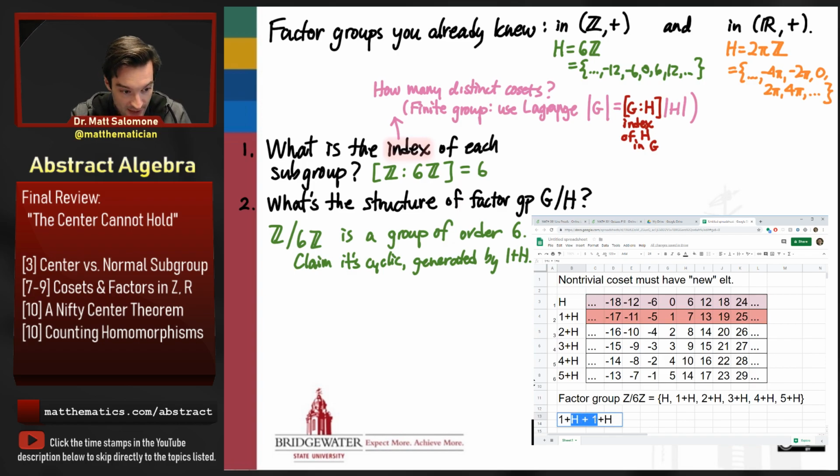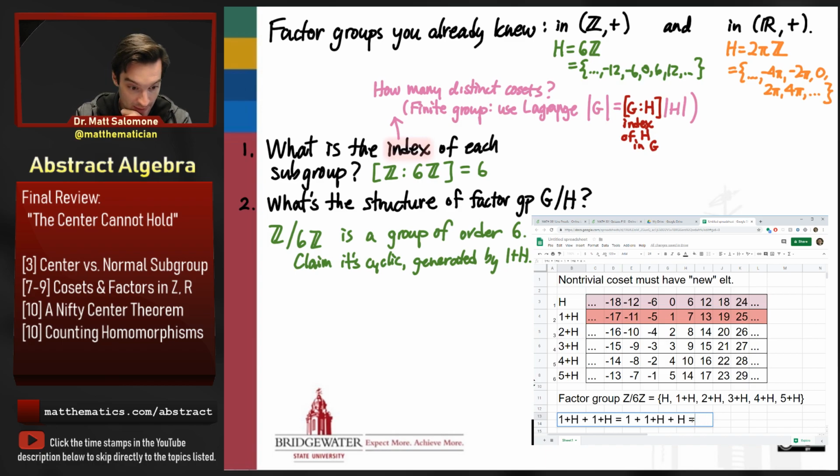In order to add these together, I get to use the fact that H is a normal subgroup of my original group. I know it's a normal subgroup because my original group was an abelian group, right? The group of integers with addition, that's abelian. And so all of its subgroups are normal. So H plus 1, element by element, must be the same as 1 plus H. Right? So I can turn H plus 1 around into 1 plus H.